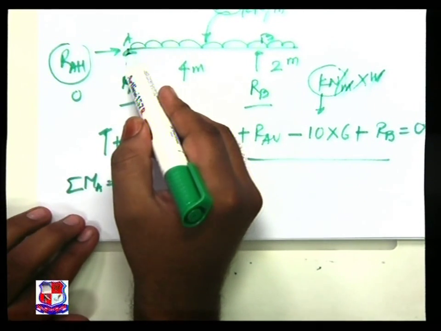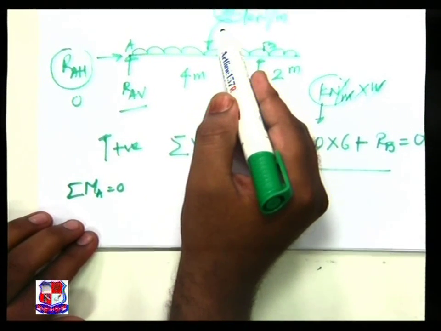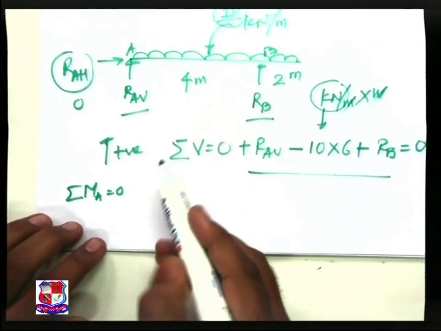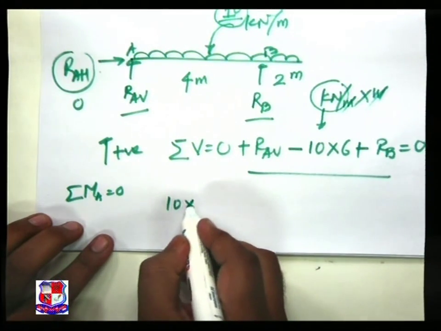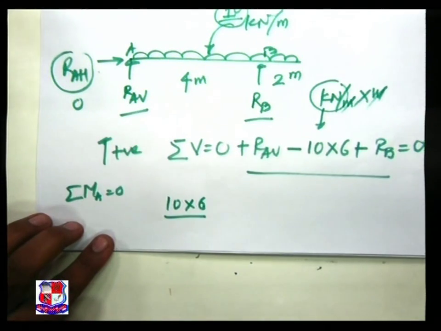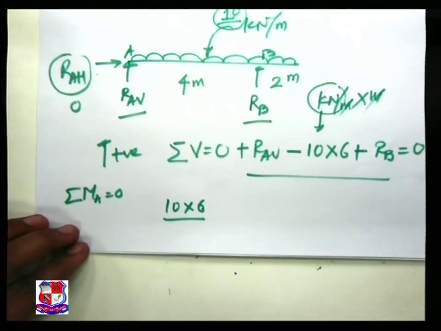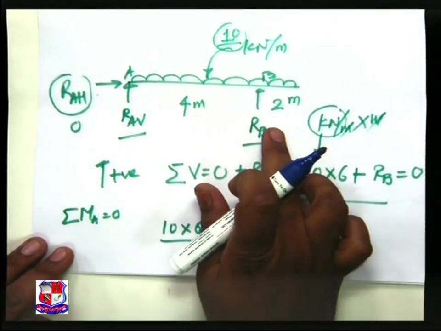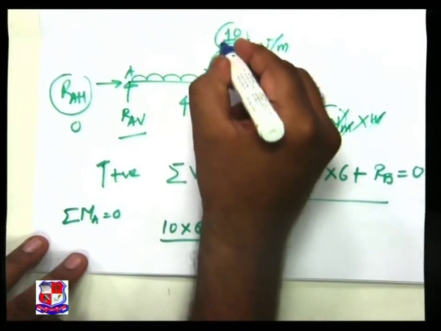Now the remaining forces, this 10 which is acting downward, UDL. So now 10 into 6 is the total load which is acting at the CG. What is the location of CG? Length is of 6 meter. So CG is over here.